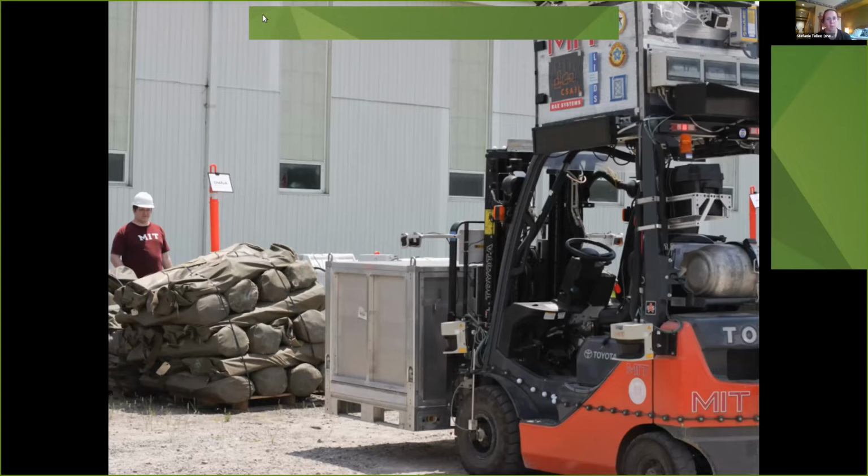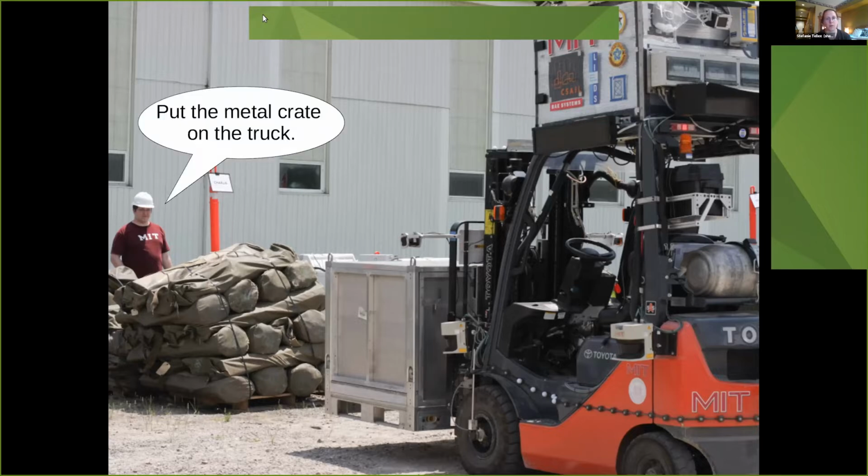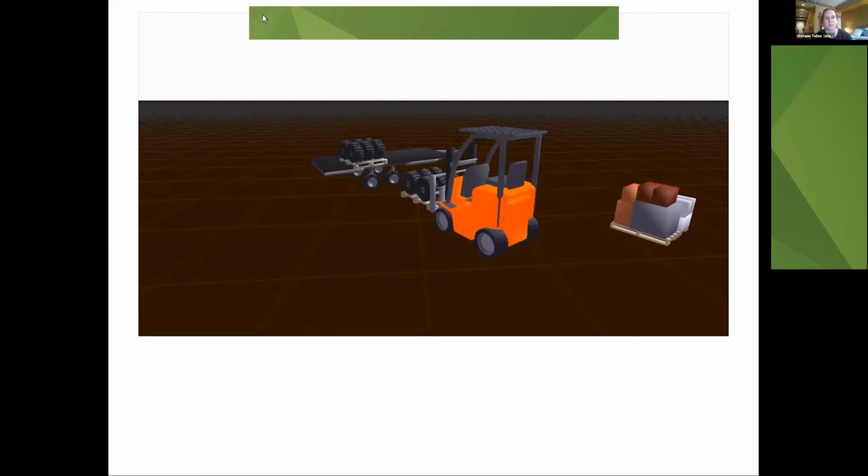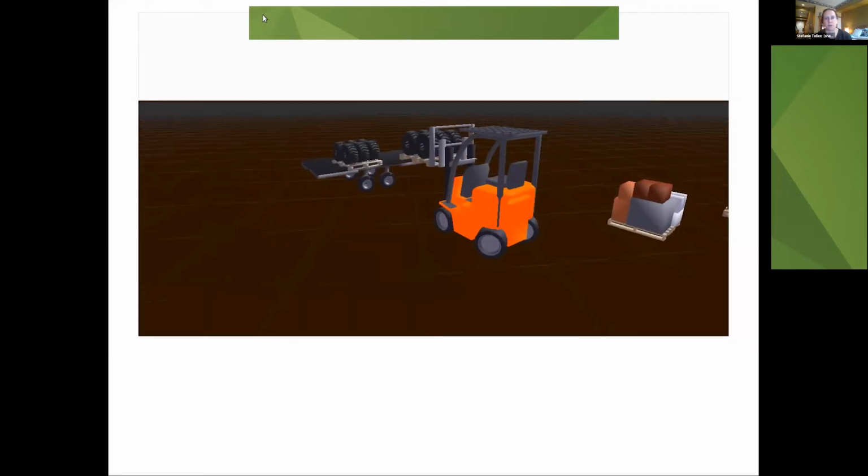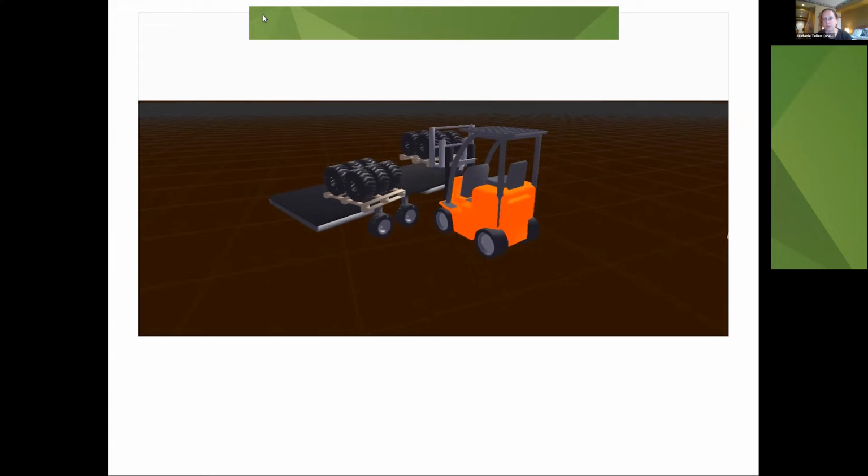You say to the robot in words something like, put the metal crate on the truck. And then the robot has to figure out what the mapping is between words like metal crate and a really high dimensional stream of data coming from its sensors. It's challenging because people don't always stick to a fixed vocabulary and grammar.